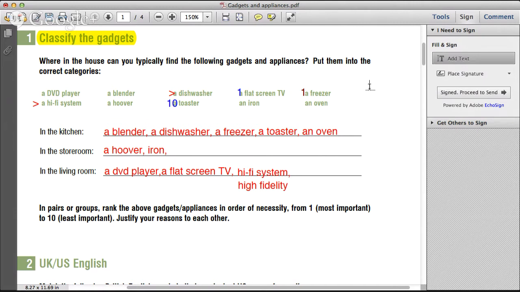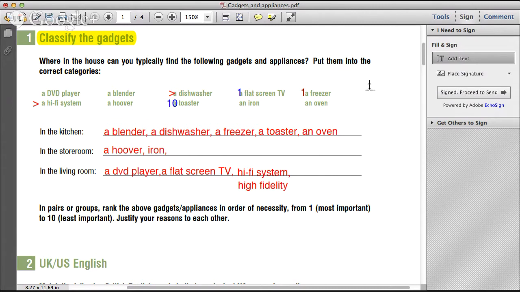Yes, good, so it doesn't go bad. I keep the food inside the freezer for a long time. Okay. All right. Very good. Yeah, for a long time so that it doesn't go bad. Yes, for a long time.